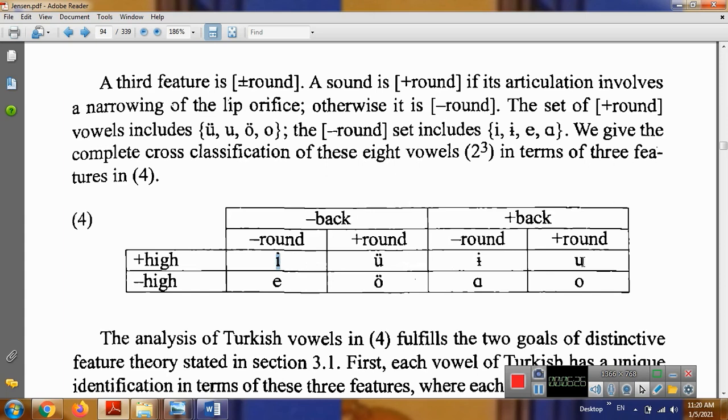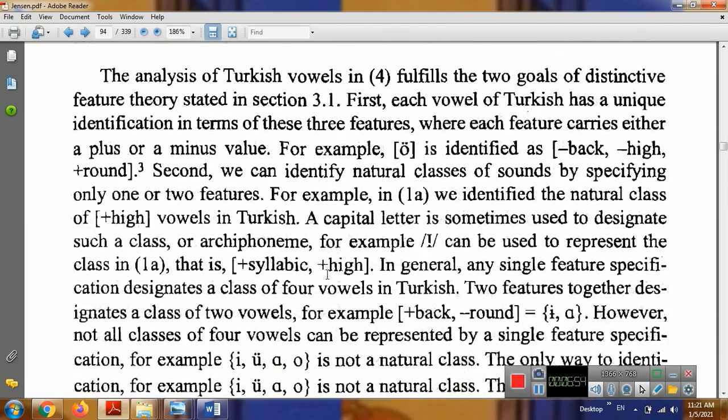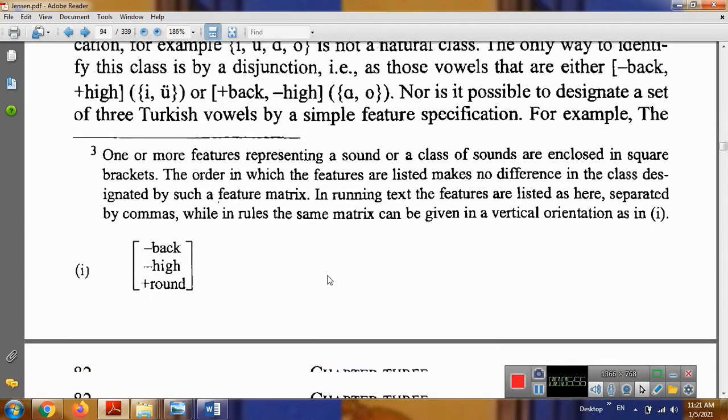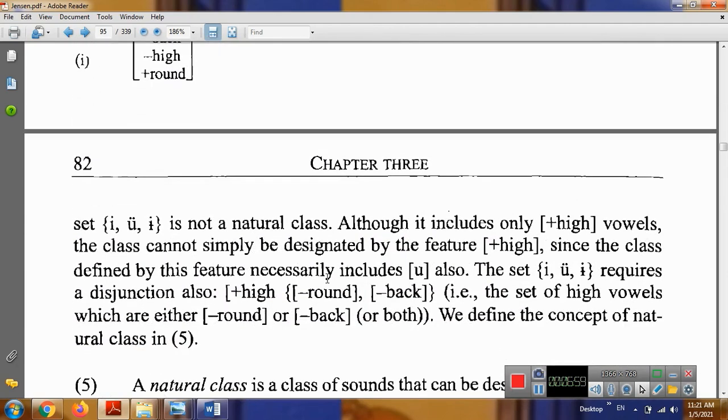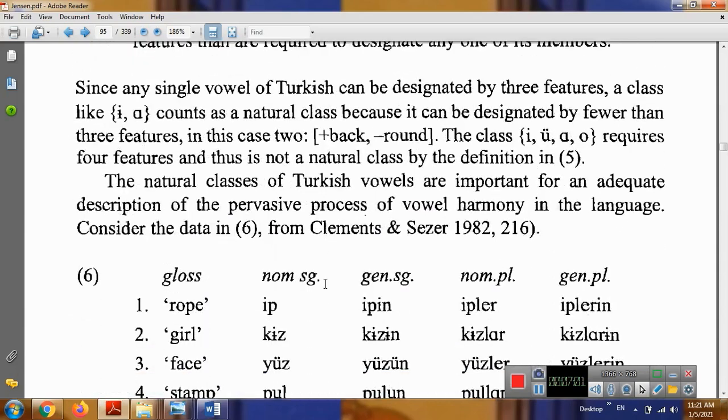Therefore, in this data, when our vowel is plus high, the vowel of the suffix is the same as that vowel. When they are minus round, minus back, the suffix of that word is minus round and minus back. They are the same with each other. Please pay attention to the set of the data.